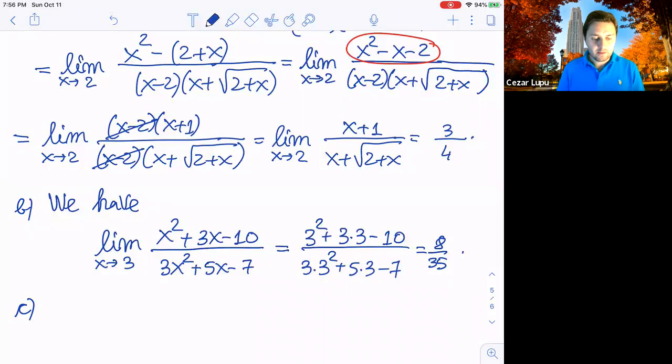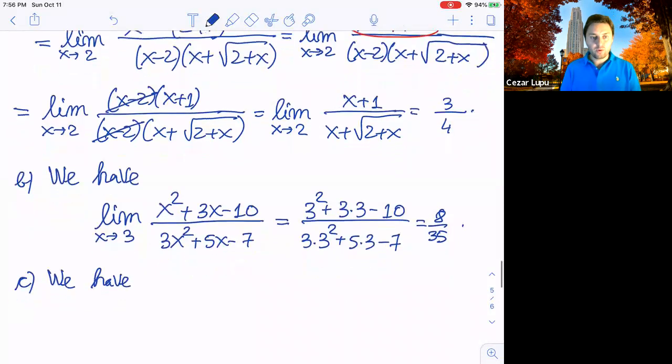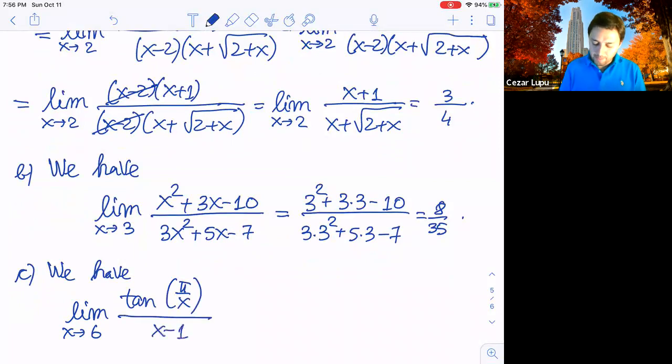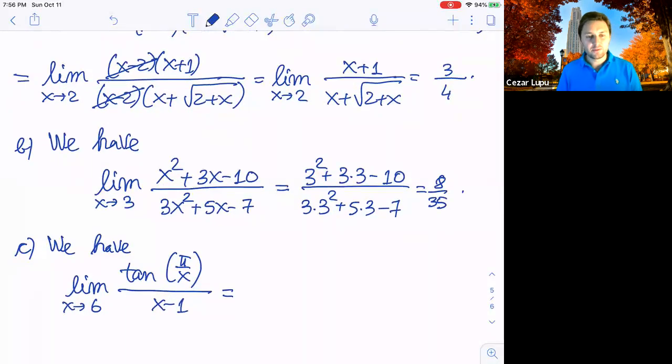And now let's do the same thing for the tangent. So we would like to see if we obtain a value as well. We have the limit as x approaches 6 of the tangent of pi over x, everything over x minus 1. Okay, let's do the same thing. We plug in x. You see, I have a fraction here.